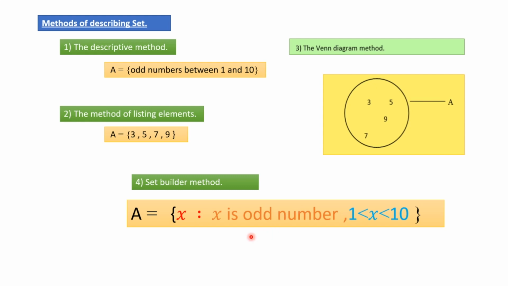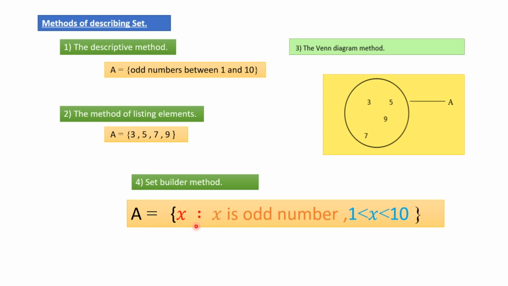This is the new part of your grade 10, called the set builder method. Mostly we use the set builder method for sets which can be expressed mathematically, because here there are some symbols.